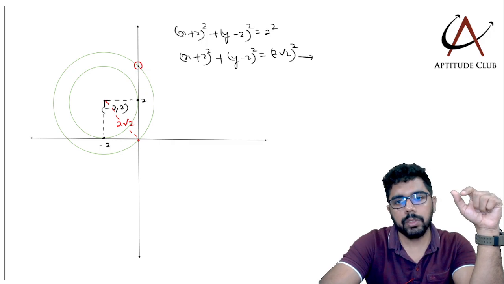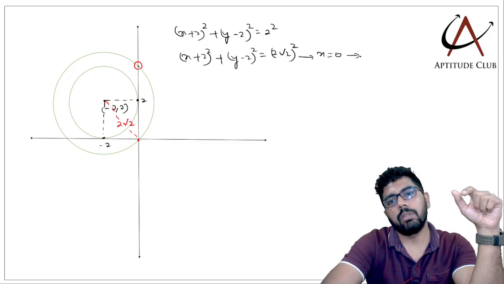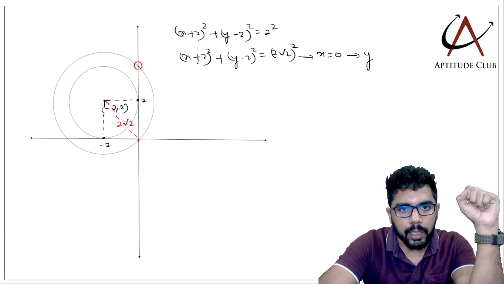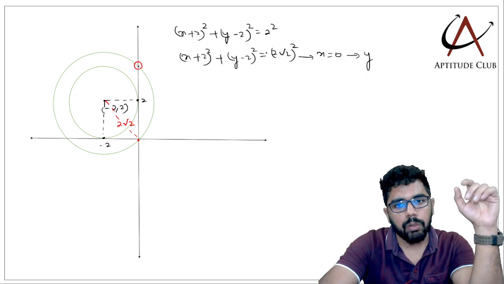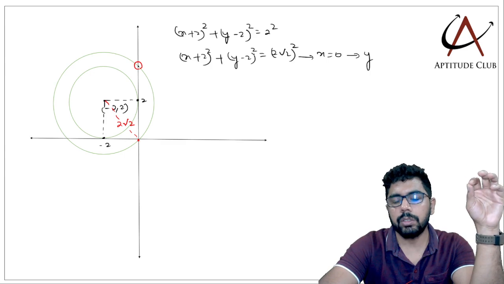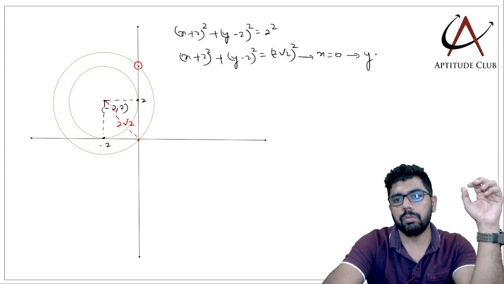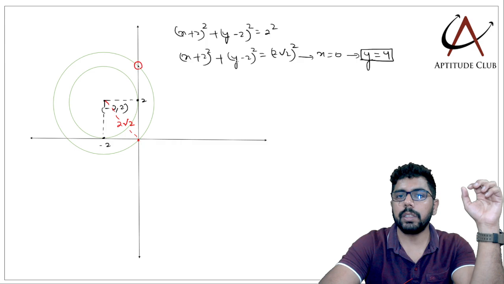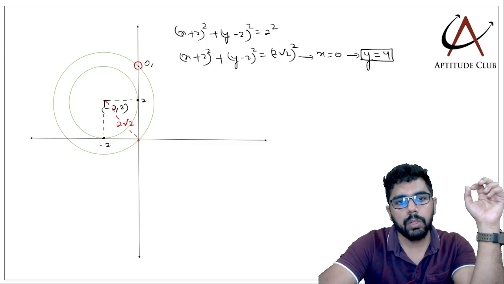So in this equation you put x is equal to 0. So when x is equal to 0, then 2 square is 4, 2 root 2 square is 8, 8 minus 4 is 4, which is y minus 2 whole square. 2 square, so I get y is equal to 4. You can put it in the second equation and check x equal to 0. So this point is 0, 4.